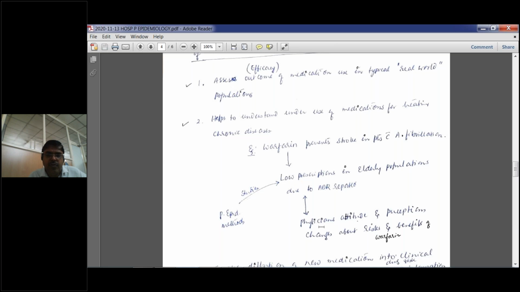Now here the physician's attitude and perception about the risk and benefits of warfarin is responsible for the low prescription, which is an indicator of underuse. Such kinds of low prescriptions can be assessed by using pharmacoepidemiological methods.